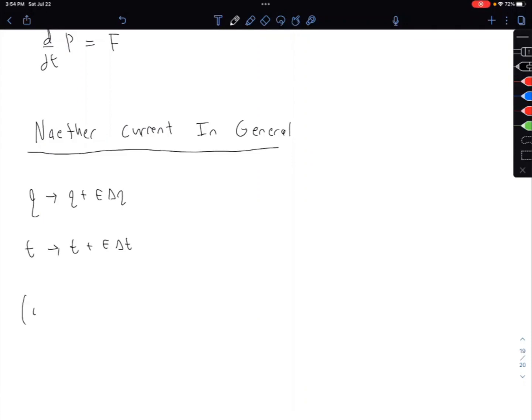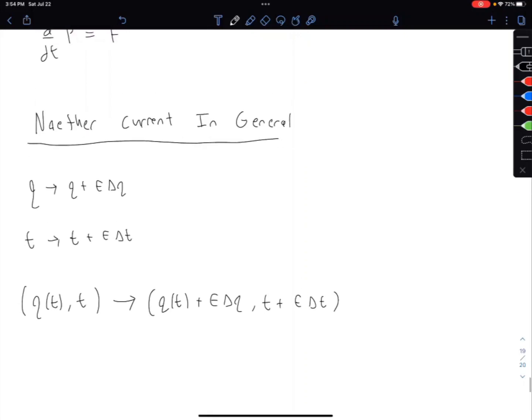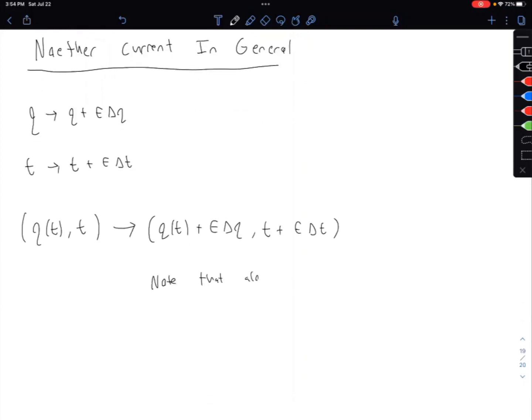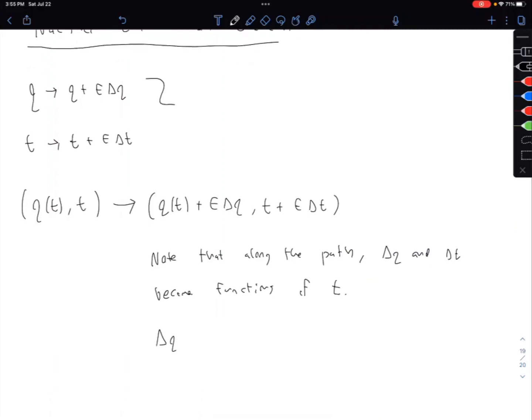Okay. So that means that if I have some path, this will become... And then note that along the path, delta Q and delta T become functions of T. Because delta Q, if I think about it in this way, is just some shift that depends on Q and T. But when we're on the path, this is going to be delta Q of some path evaluated at that time times T, which is just some function of time.